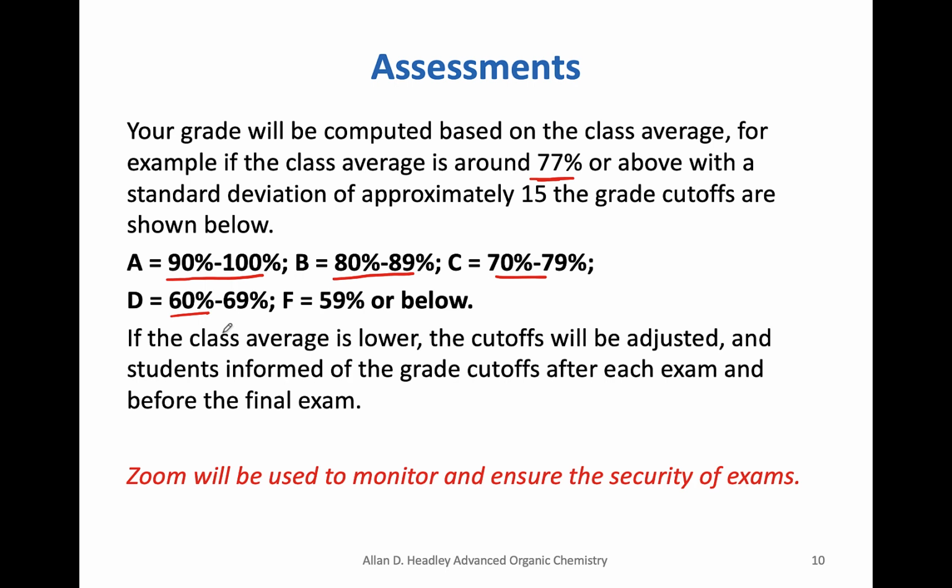If the class average is lower than 77, I'll adjust these cutoffs to reflect that lower average. But I'm hoping that we won't have to do that, because we'll all get averages on these exams that are higher than 77.